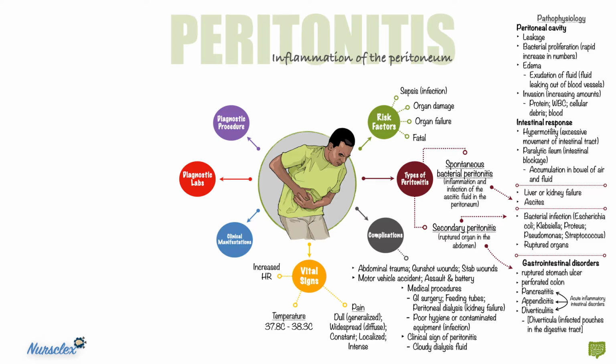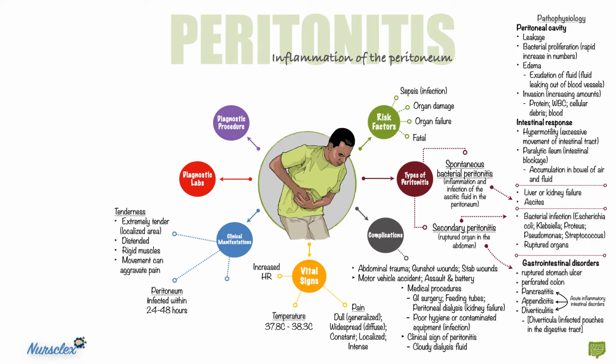Signs of pain can be dull, generalized, widespread, diffused, constant, or localized and intense. The clinical manifestations of the patient are tenderness in the abdomen, which can be extremely tender in the localized area. The abdomen will be distended with rigid muscles, and any movement can aggravate the pain. The peritoneum is infected within 24 to 48 hours.